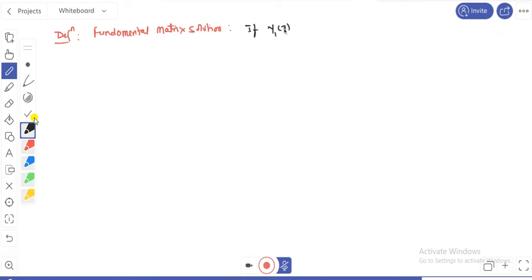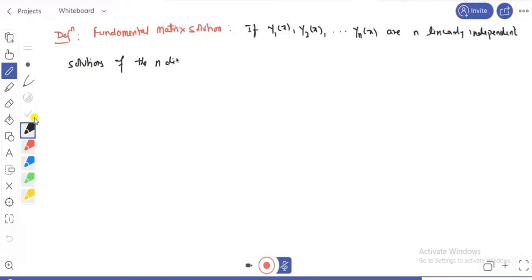Suppose y1, y2, and yn are n linearly independent solutions of the n-dimensional homogeneous linear system, and that system is dy over dx equals A y.